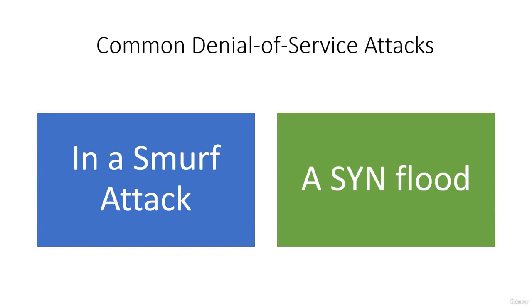So, what are the common denial of service attacks? There are many different methods of carrying out a DoS attack. The most common method of attack occurs when an attacker floods a network server with traffic.